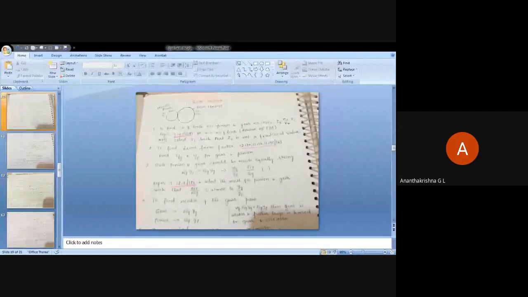Share screen, where is the share? Now, can you see the table? No, sir. Data book, sir.